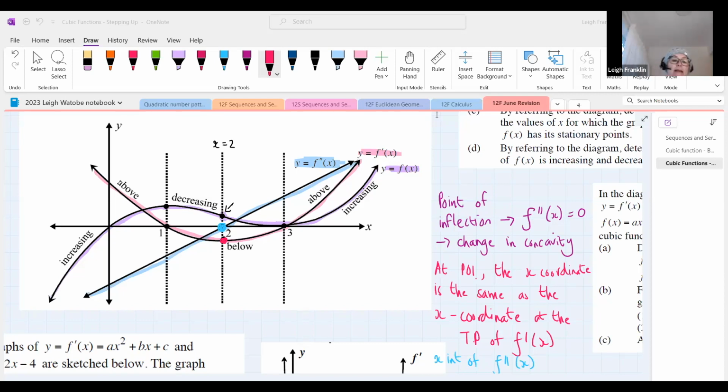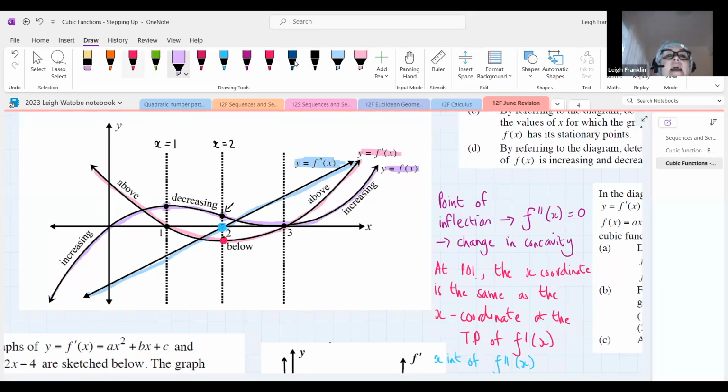Now let's go and have a look at our maximum. In this particular example, our maximum occurs when x is equal to 1. So our maximum is this point over here that I'm just highlighting in purple.